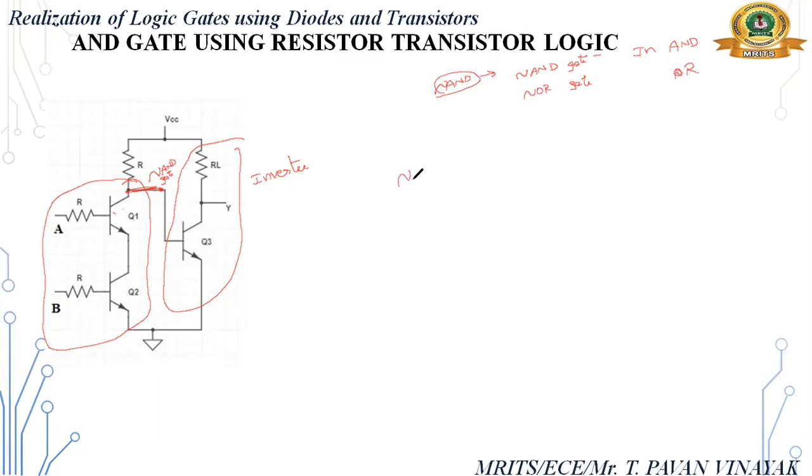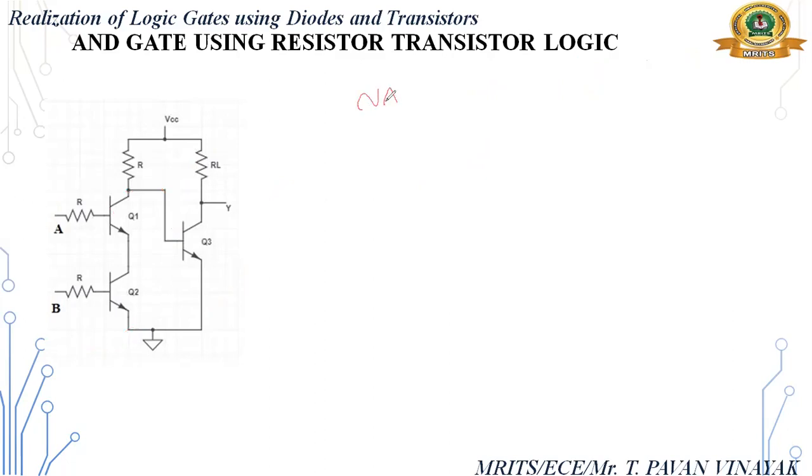That's why we call NAND and NOR universal gates. While designing, first we get NAND or NOR, and by adding an inverter to them, we get AND and OR gates.